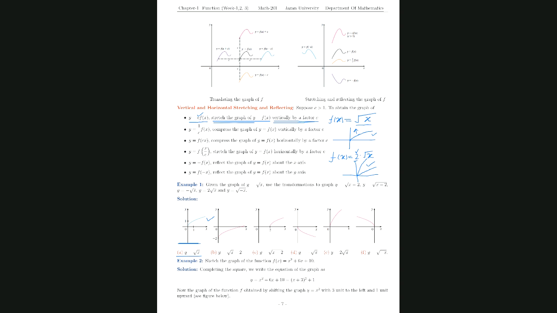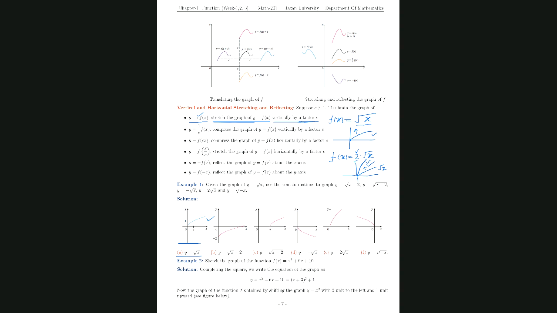Look here, y equals sqrt x. So if 2 times x in this, it goes upside from here to here like that, and from here to this side it stretches like that. This is the meaning.